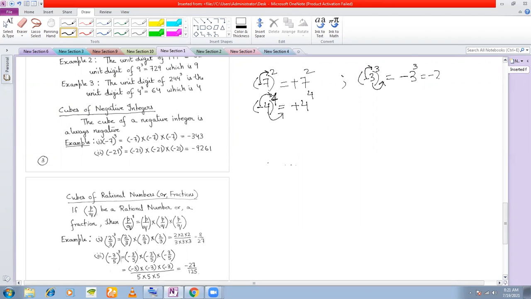So you get minus 27. Similarly, you can have (-4) cube. Again a negative sign raised to an odd power, so you retain the minus sign, take 4 out of the bracket and raise it to the power of 3. So you get minus 64. So what you see here is that the cube of minus 3 is minus 27, and the cube of minus 4 is minus 64.